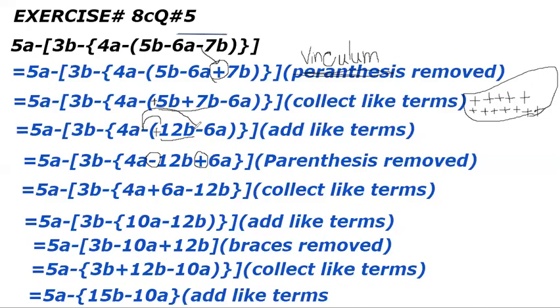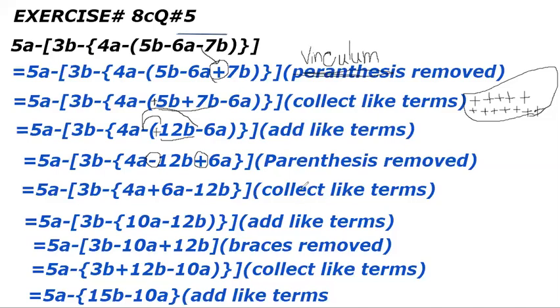So negative into negative gives us a positive 6a. And all the other terms will be copied down from the above step. No change will be in these terms. You will see only this change: the change of signs and removing of parentheses.